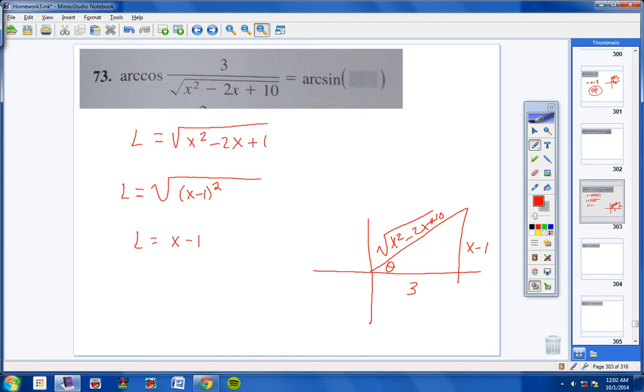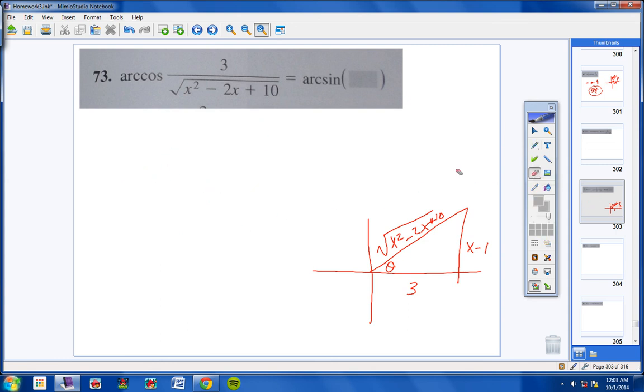Now having done that, think about this for a second, students. Remember, anytime you take the arc cosine of something, the entire expression is really an angle, usually theta. So this whole side over here is theta.